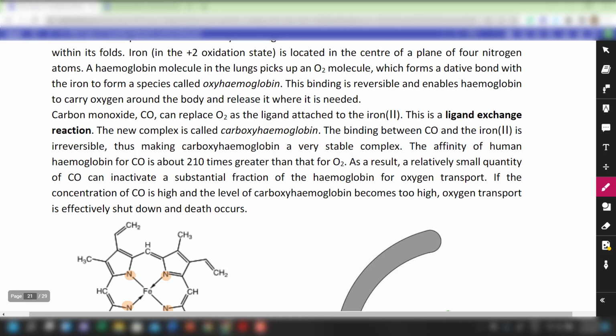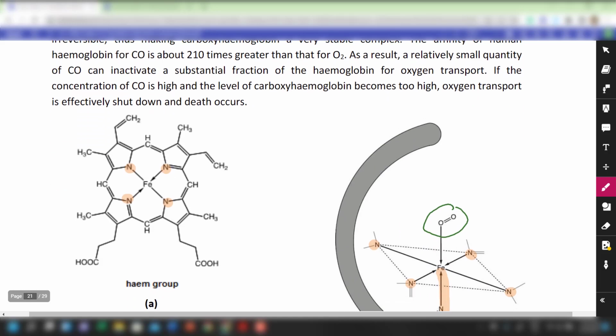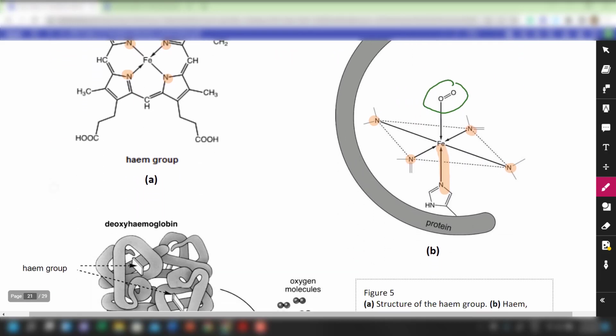As to the reason why carbon monoxide binds extremely strongly to iron 2, I think we can explain it in the tutorial. Basically CO, as I mentioned earlier on, is a much stronger ligand than oxygen, because CO as a ligand is known as a pi acceptor ligand. What exactly is a pi acceptor ligand?